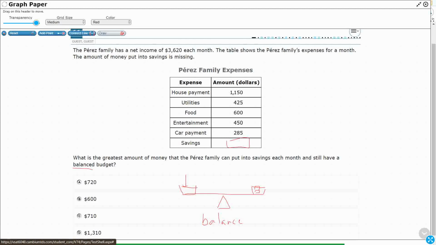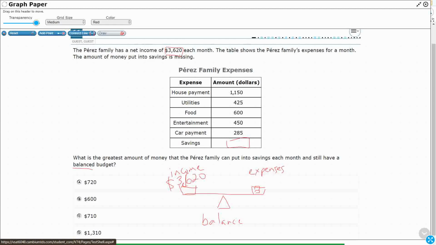So in this case, let's replace this object that we put on the left. This is our income, $3,620. And instead of the gram stackers, we are going to have our expenses.